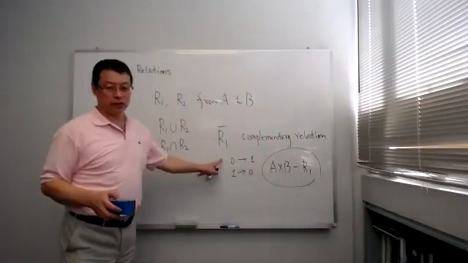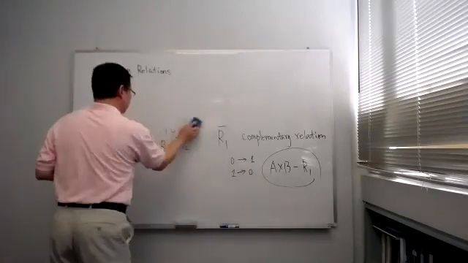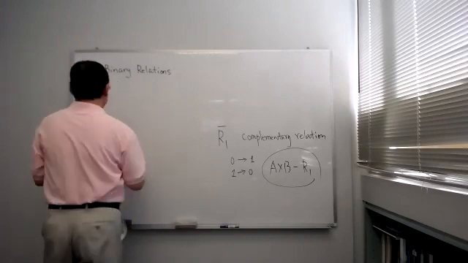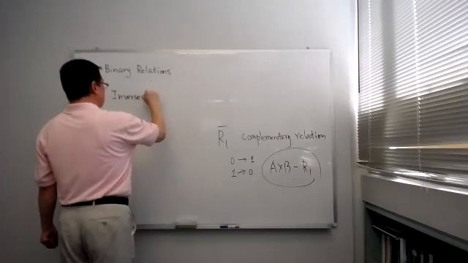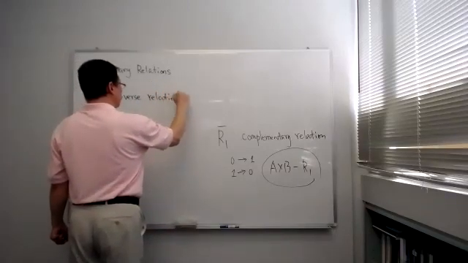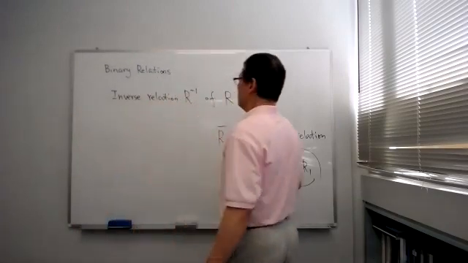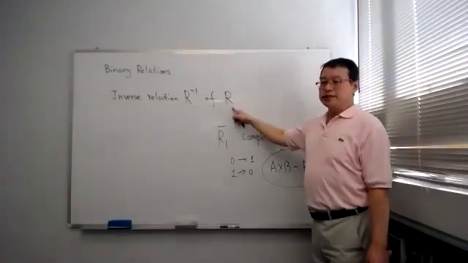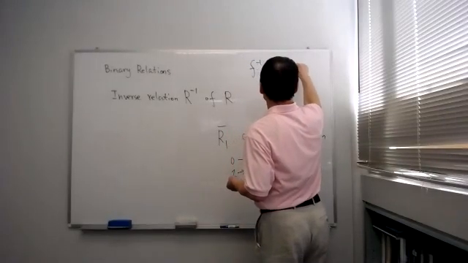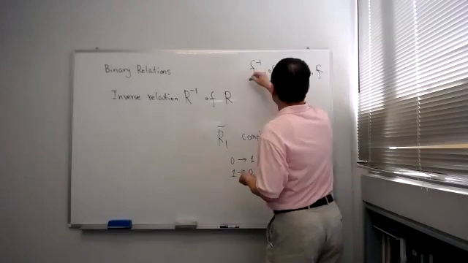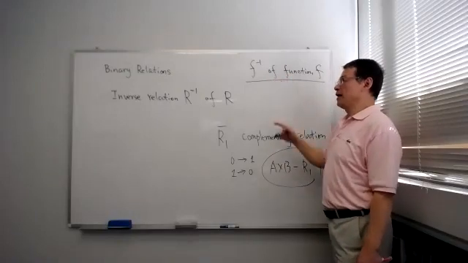Now there are two important things about operations on relations, or how we can manipulate relations. One is the inverse relation. We can talk about the inverse of the relation. That's similar to the inverse of a function.